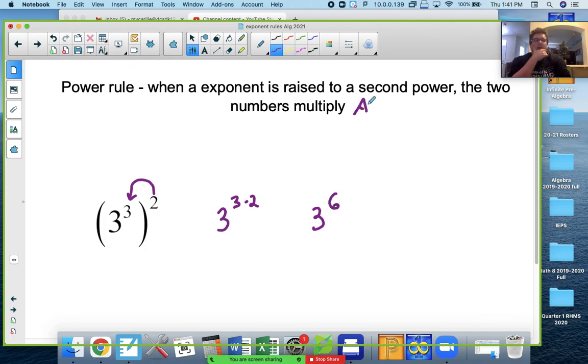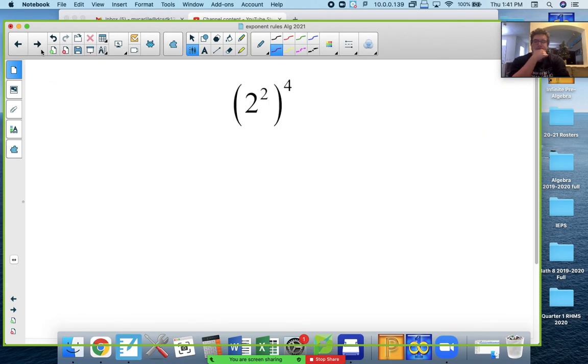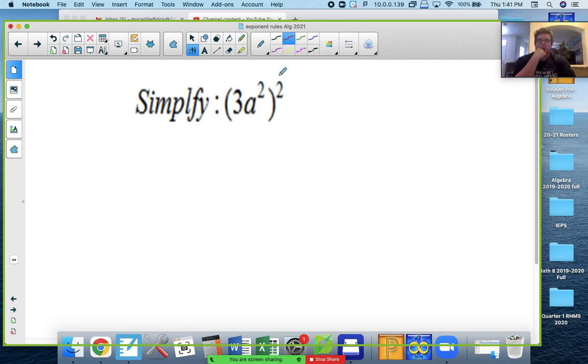This applies to all powers. So in a problem like this, we definitely see that the 2 should multiply the 2. The one that's harder to see is that it should actually multiply the 1 that's on this 3.